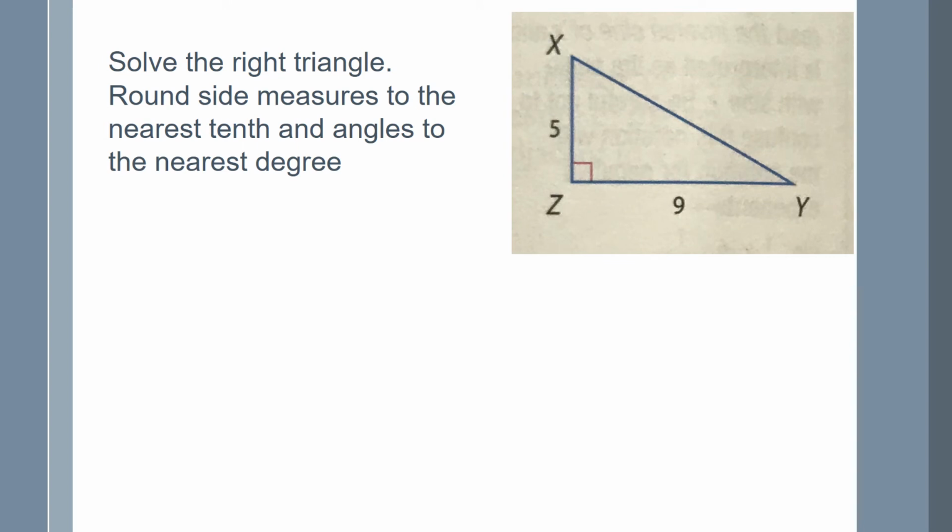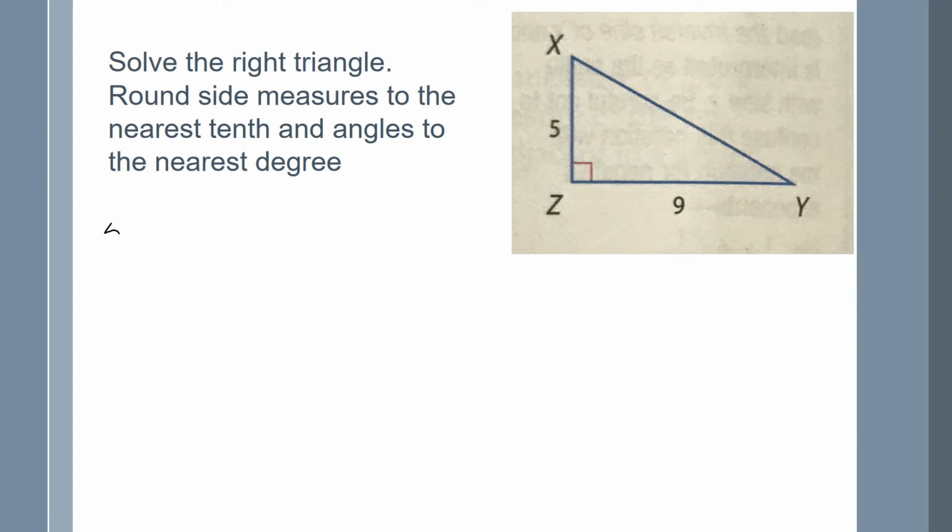Okay, now we're going to solve the right triangle. We're going to find all the side measures to the nearest tenth and the angles to the nearest degree. Well, the only angle we need to find, you just have to pick one. So the first thing I'm going to do is solve for xy. So we're going to have to use good old Pythagorean theorem for this.